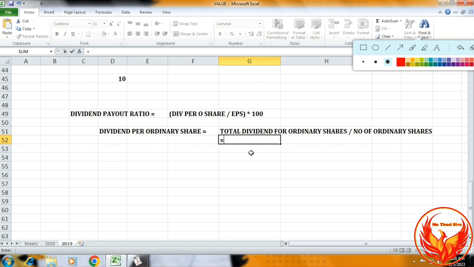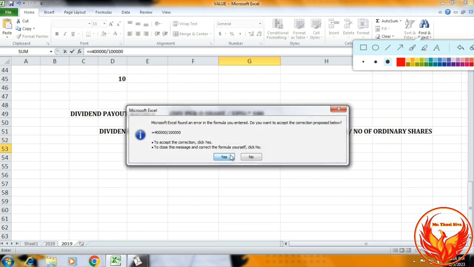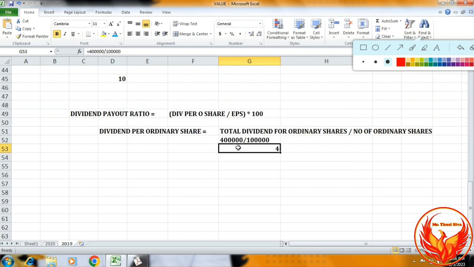The total dividend for ordinary shares is given in the question as 400,000, divided by the number of ordinary shares, also given in the question, 100,000. So the dividend per ordinary share is rupees 4.